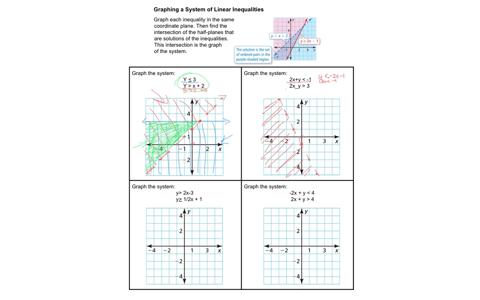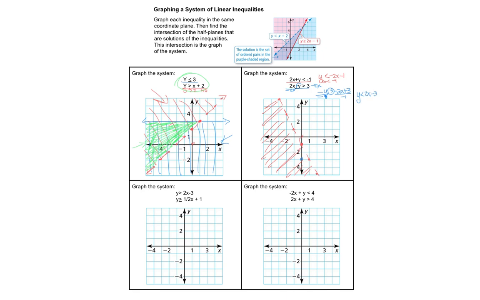All right, let's do our second one here. And that's supposed to be a minus right there. So we're going to subtract 2x. Okay, so now I've got negative y is greater than -2x plus 3. I can't have a negative y, so I need to divide everything by -1, which means I need to reverse this. So it's going to be y is less than 2x minus 3.